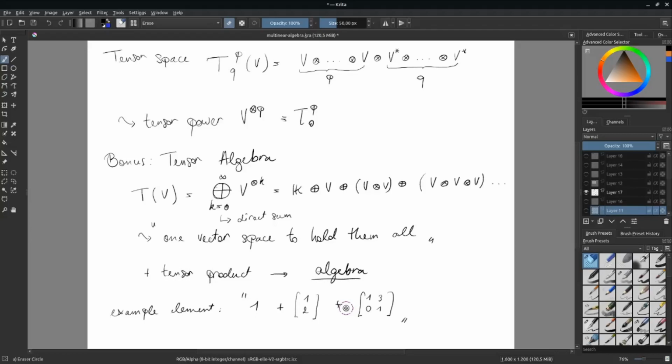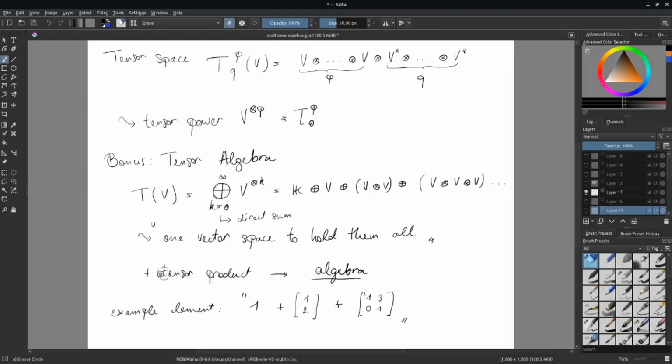In particular, it has to be bilinear, or at least linear with respect to each input. So you can define these vector products as just a linear map from the tensor product of your vector space to V.